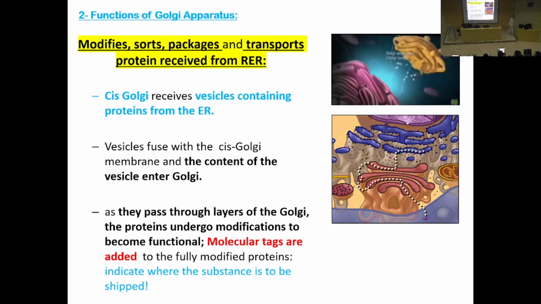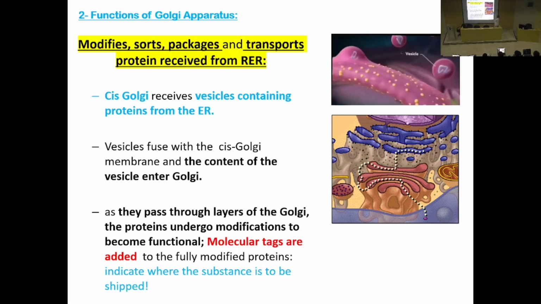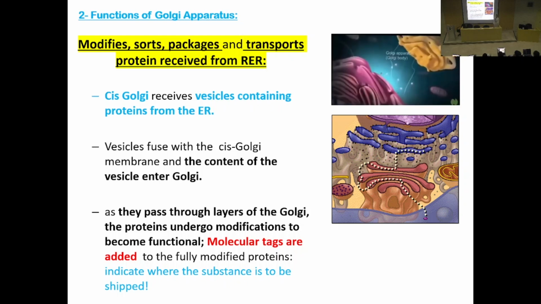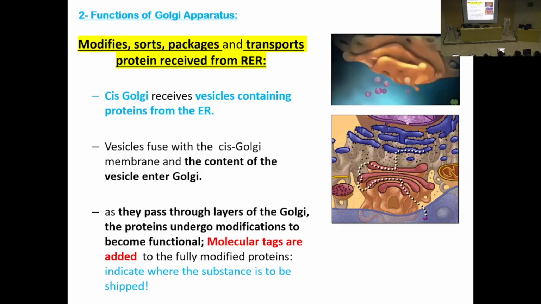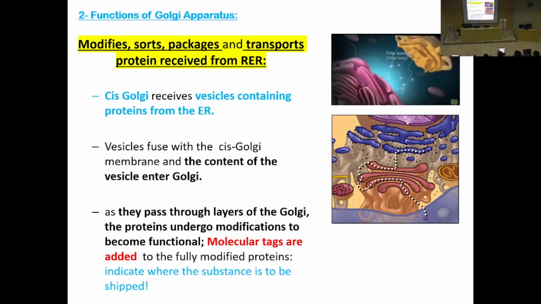There are other pictures also up here where you can see this. What you see, this is the vesicle. See? And inside it there is the protein. It exits from the endoplasmic reticulum and goes to the Golgi. It will fuse with the membrane and the protein enters inside the Golgi.